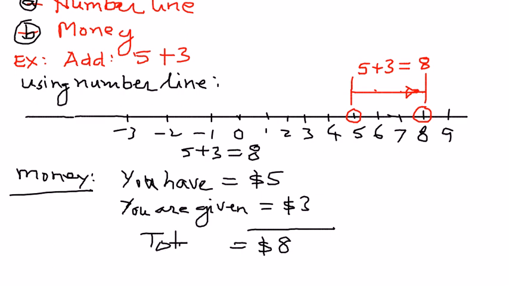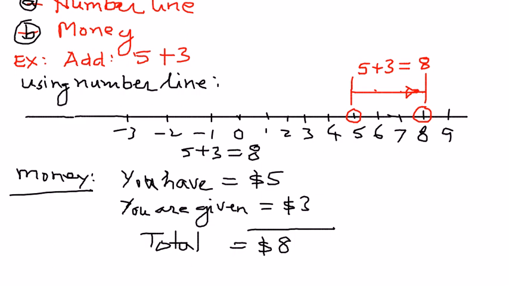So that is another way of trying to add two integers. One way is to draw out the number line. The second way is to use it in terms of money, because we are all familiar with money and we use money to do business in our everyday situations.